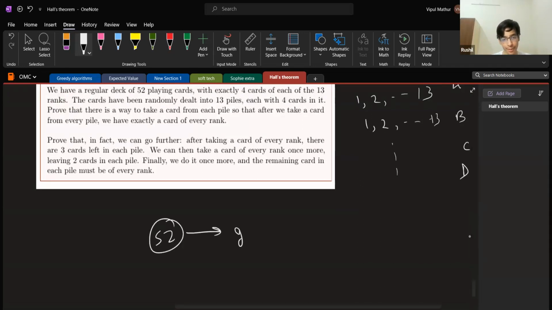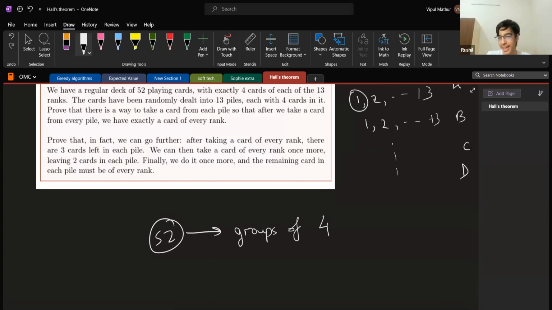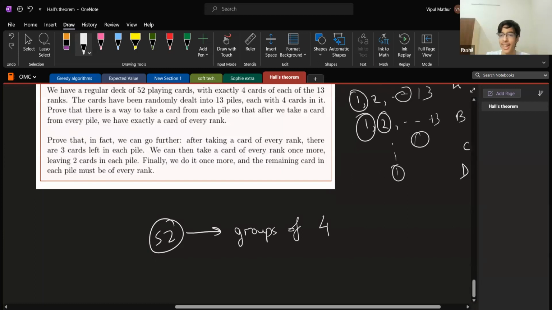And you've split these 52 into groups of 4. A very simple way of splitting them into groups of 4 would be to put all the ones together, all the twos together, threes together, etc. But you're not being so nice. You're being random. You could even take all from the same suit. It could be anything.